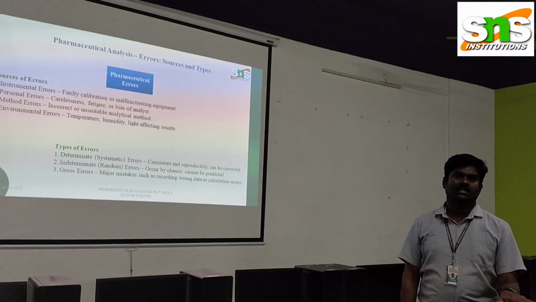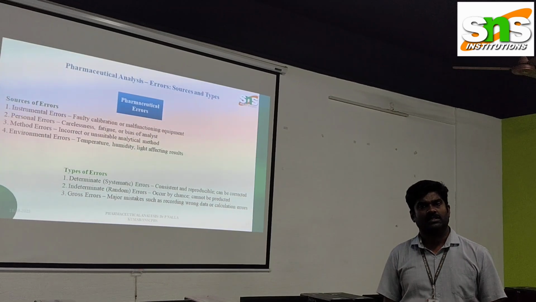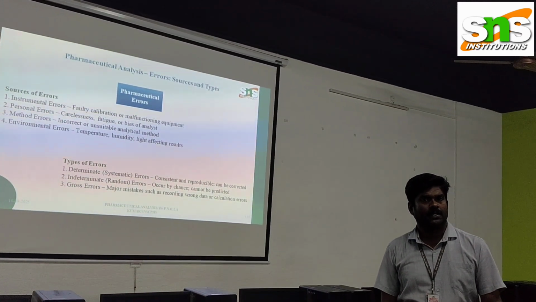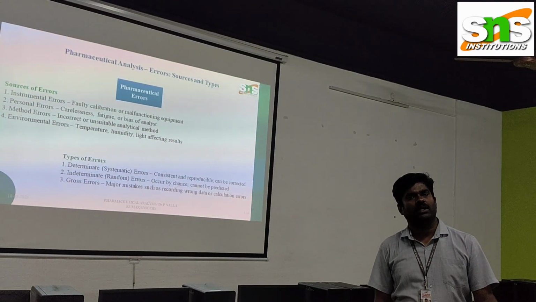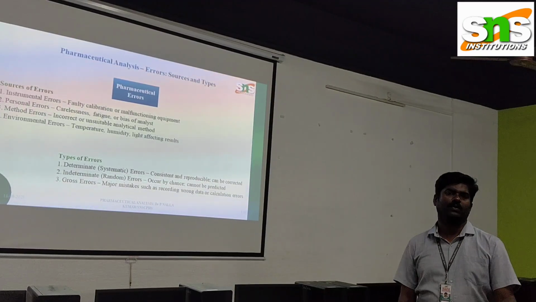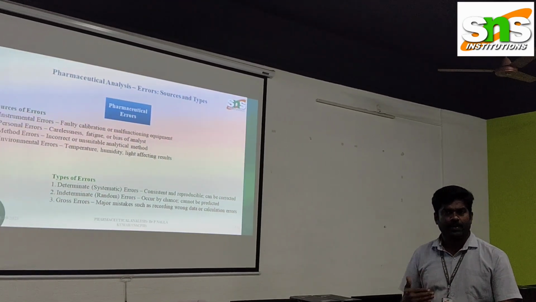That is the reason we need to select standard protocols like the Indian Pharmacopoeia, British Pharmacopoeia or United States Pharmacopoeia. The European Pharmacopoeia is also available. So we need to perform any one standard pharmacopoeial procedure.